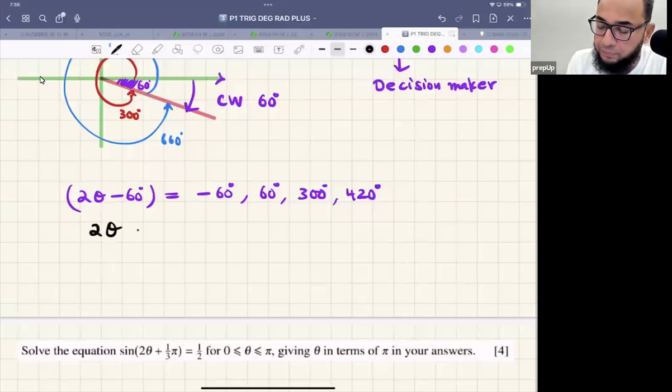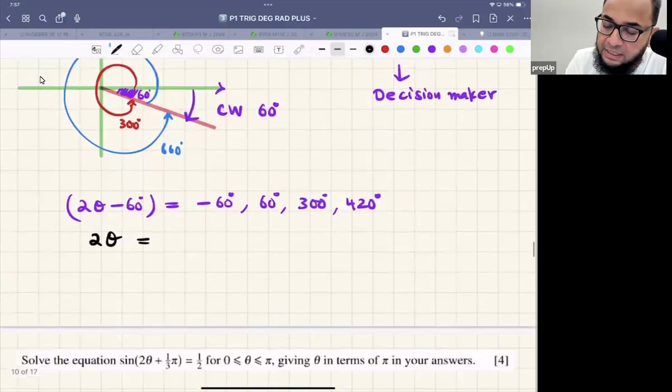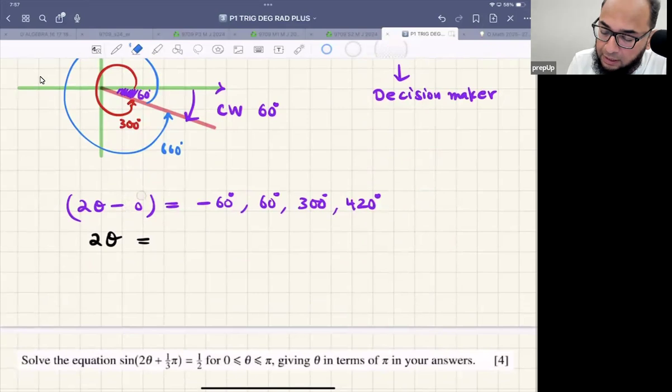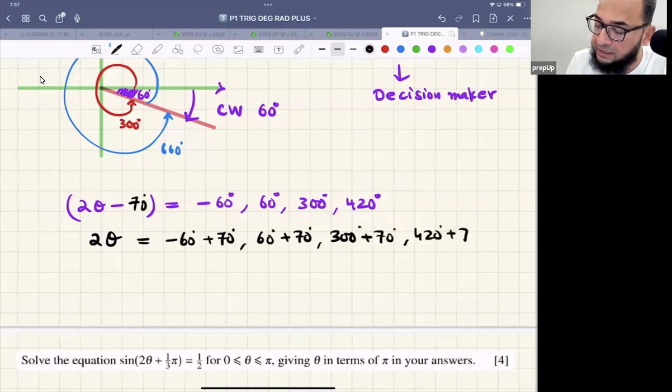First make 2 theta. That is negative 60. And by the way, this is 70, not 60. Just a small slip of tongue or pen over here. This is 70 degrees. So this is negative 60 plus 70. This is 60 plus 70. This is 300 plus 70. And this is 420 plus 70.